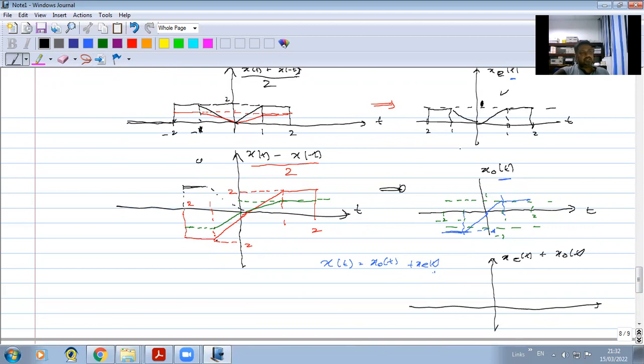If I add this together, you can see that this part is minus and this part is plus, so that part and that part cancel out, so from minus 2 to minus 1 you will get 0, no value. Minus 1 to minus 1, you will get 0. And you can see that this is a plus value and this is a minus value, so that plus value and minus value cancel.